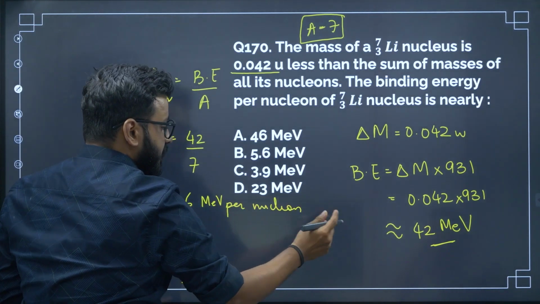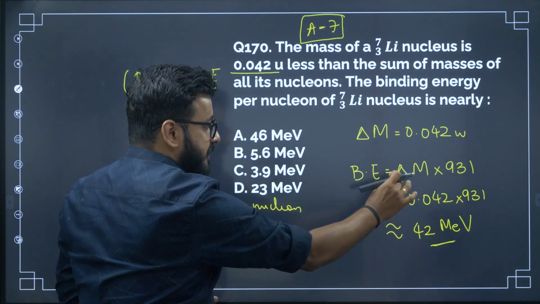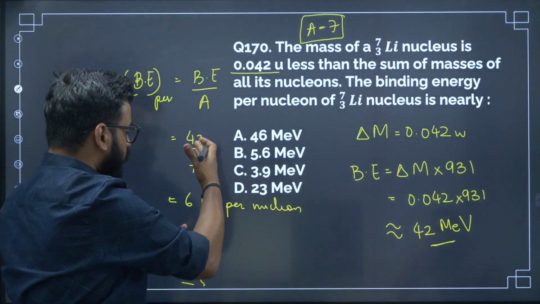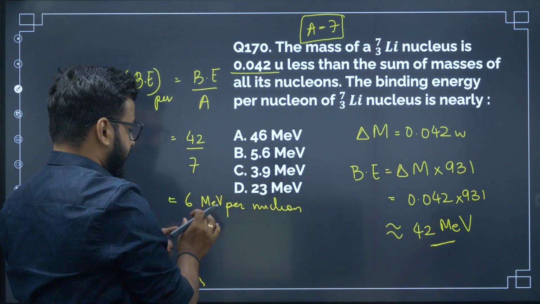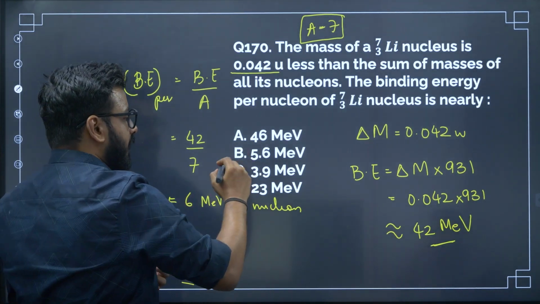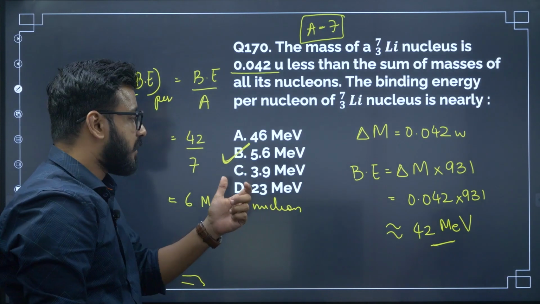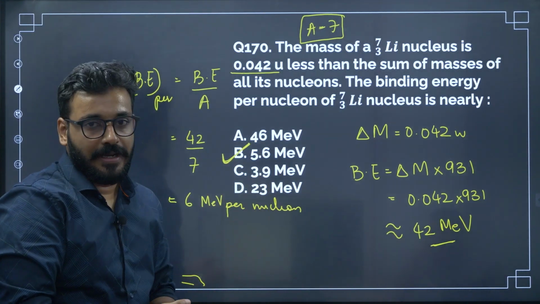So anyway, this is an overestimation. 0.042 into 931 is somewhere close to 42, but slightly lesser. So the actual value is slightly lesser than 6, close to 6. That is 5.6 mega electron volt. So the correct answer over here is 5.6 mega electron volt.